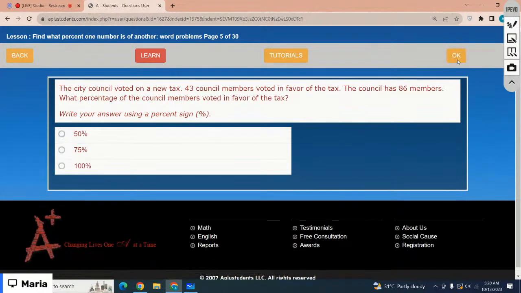The city council voted on a new tax. 43 council members voted in favor of the tax. The council has 86 members. What percentage of the council members voted in favor of the tax? Which is the correct option?